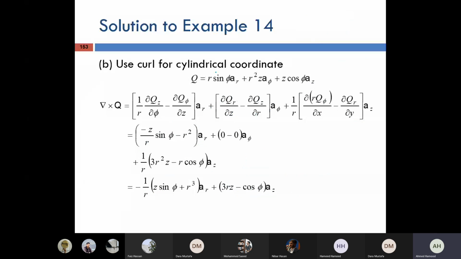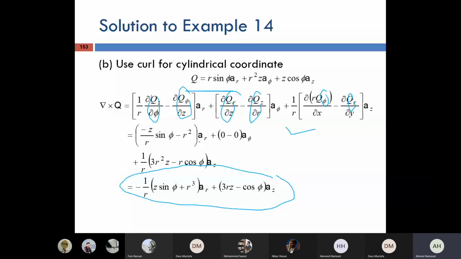The second one, which we have using the cylindrical coordinates, you do the same as well. You have to integrate one by one or differentiate one by one. These are 0, then you have to differentiate based on this and this one. At the end you will come out with the final equations.